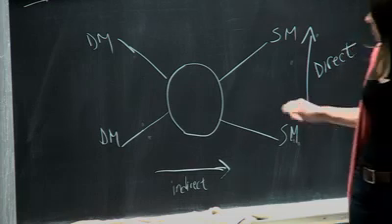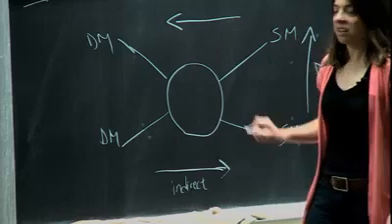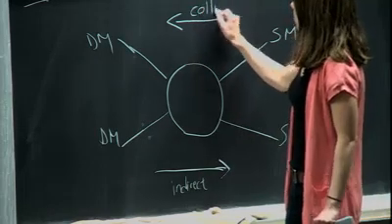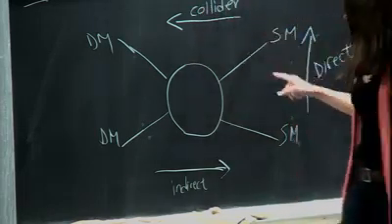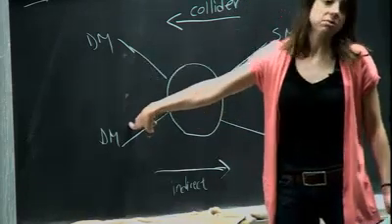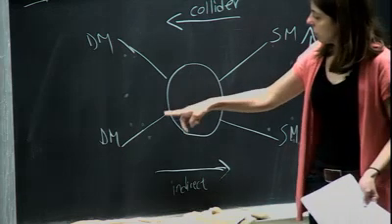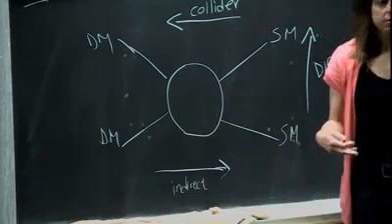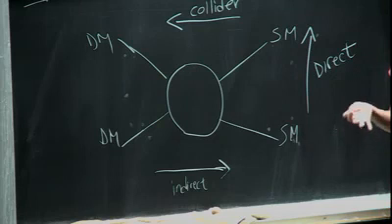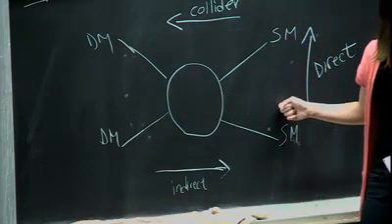And collider searches is going to finish this off for us because it's going to go that way. For example, at the LHC, we're looking at proton-proton collisions, and we're checking to see if we can produce the dark matter from that. Related to the question that was asked before, it is feasible to write down some effective field theory that describes the interaction between dark matter and standard model.